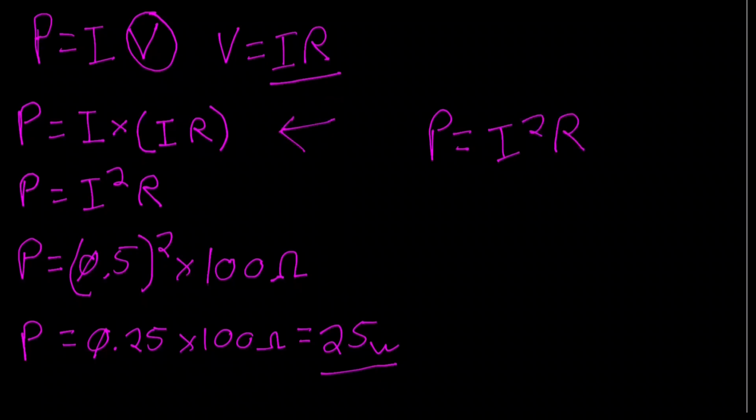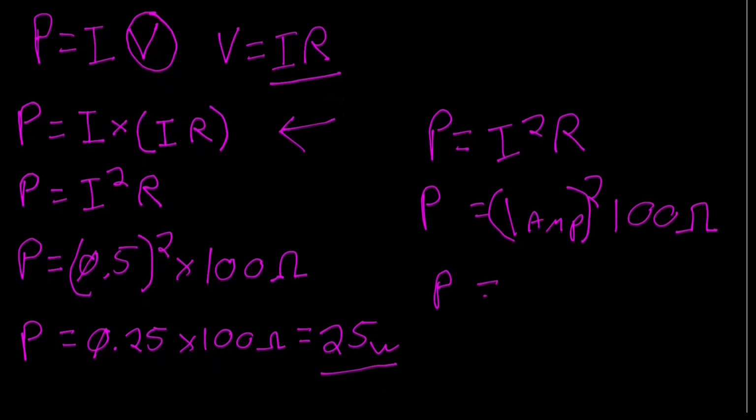So power is going to equal 1 amp multiplied by 100 ohms. And we're going to make life simple. That amp is going to be squared, but it's still going to be 1, right? So power is going to equal 100 watts. So we doubled the current, but the power went up by a factor of 4 times. So power is an exponential relationship.